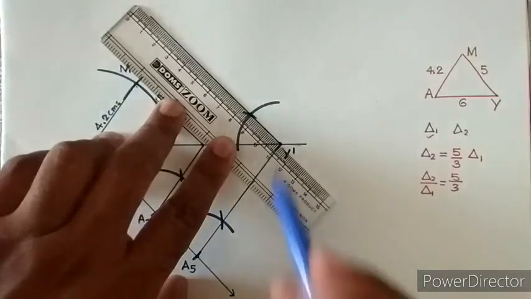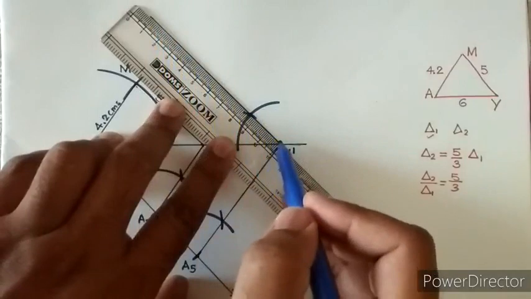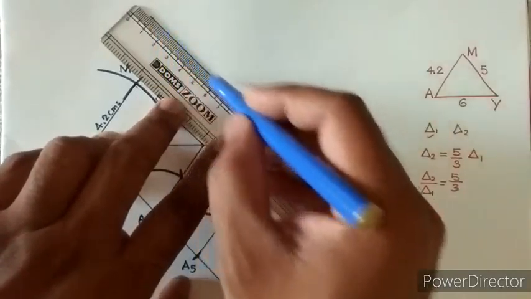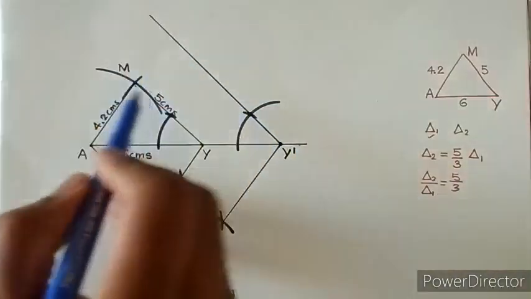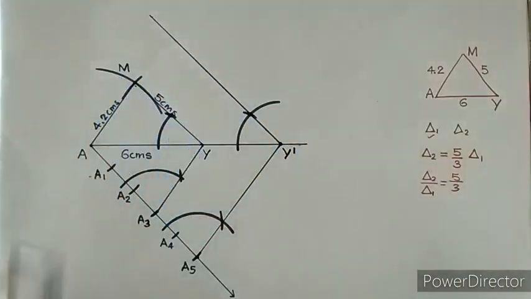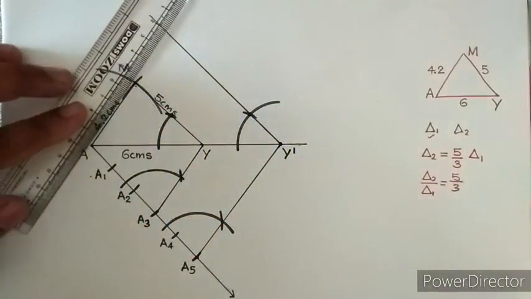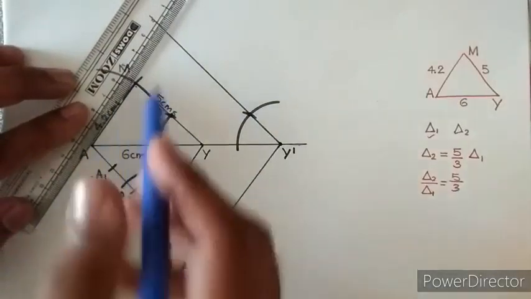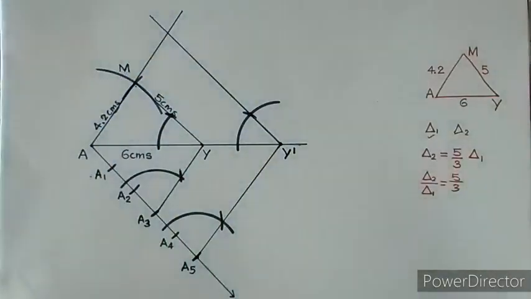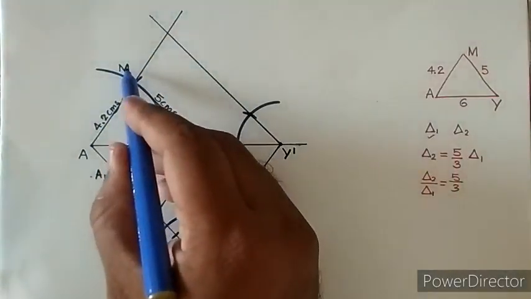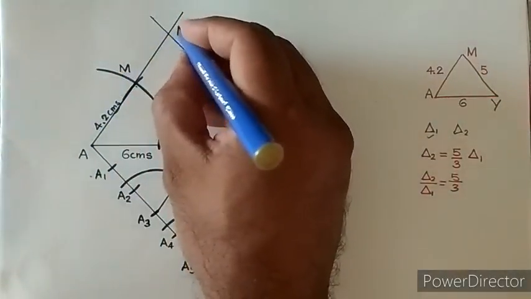So this line is parallel to this one. So let's extend this line so that it meets this one. So this was your M, this will be M bar.